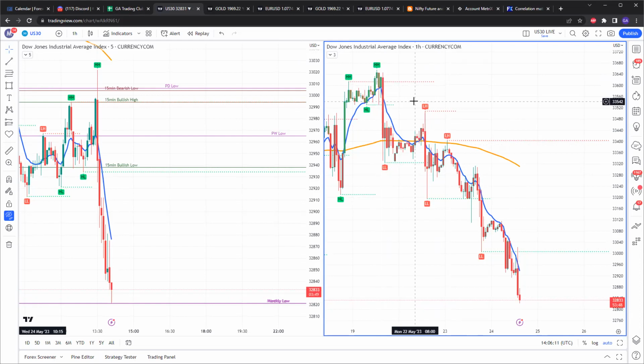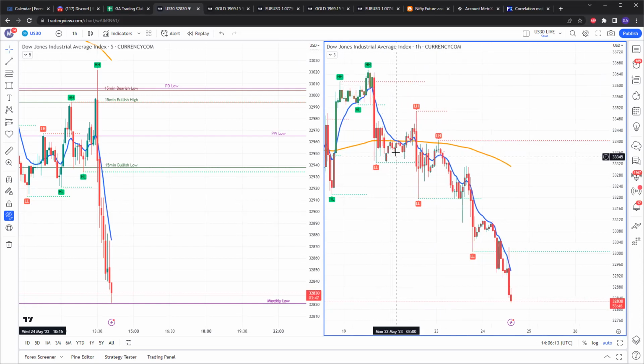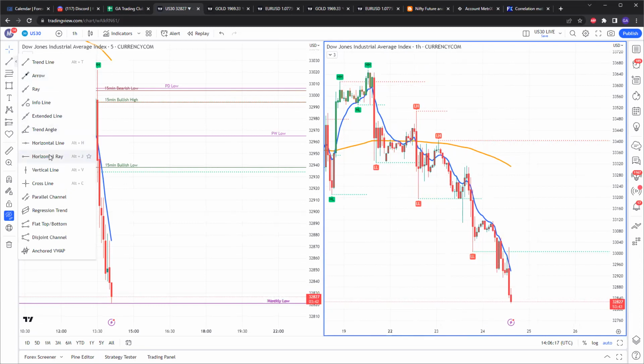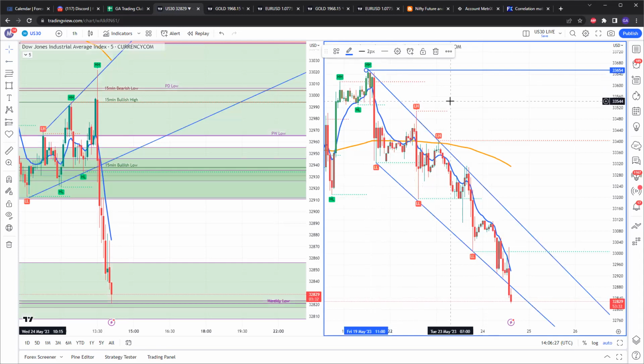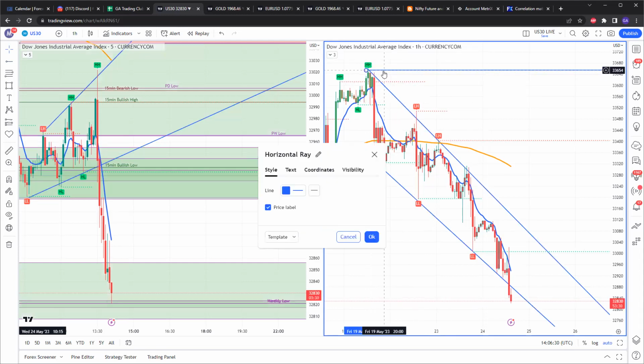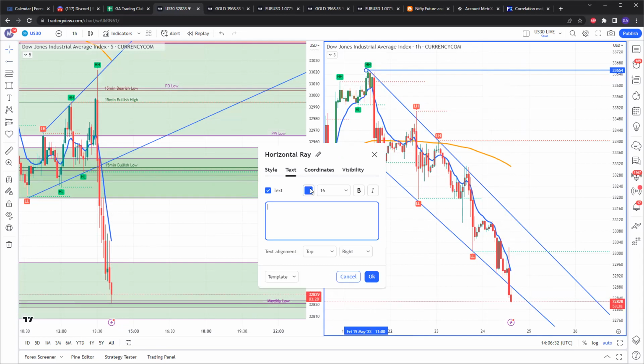This is the hourly time frame, and I can see this horizontal ray, so this is definitely a downtrend. I know I've changed the color of my candles, but this is the last green candle right here. So for me, this would be an hourly bearish high.